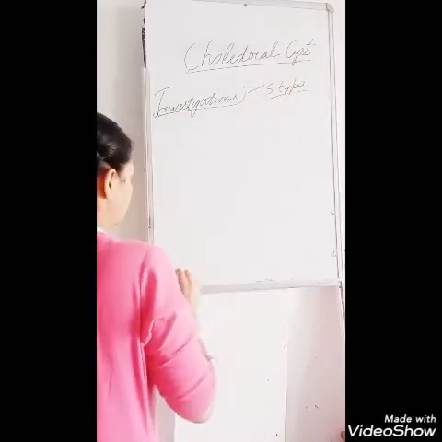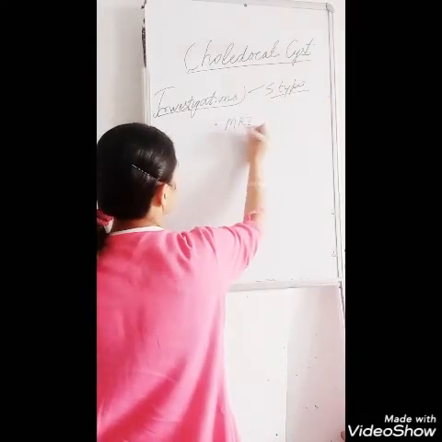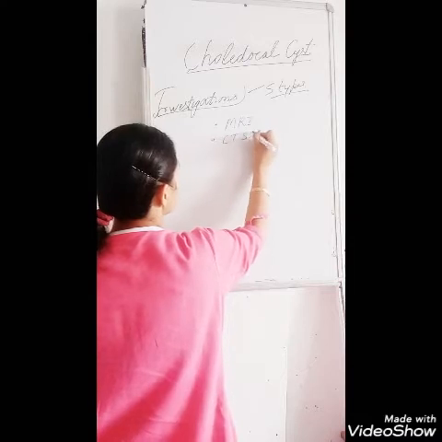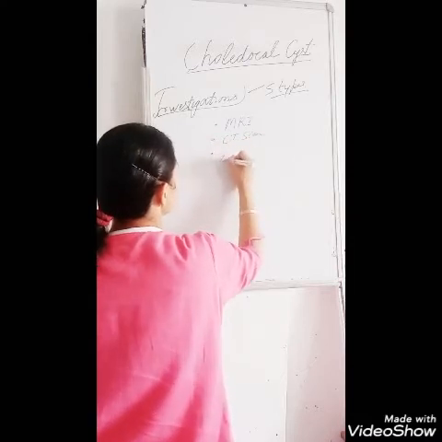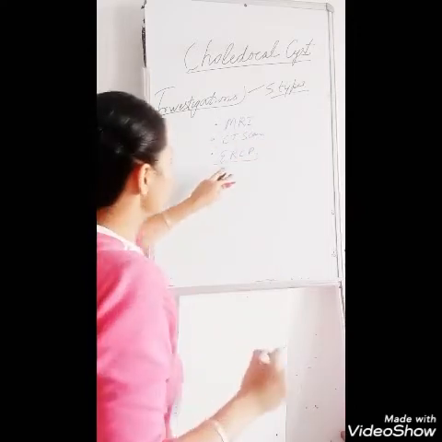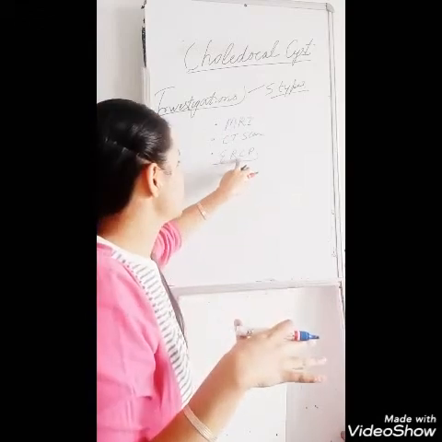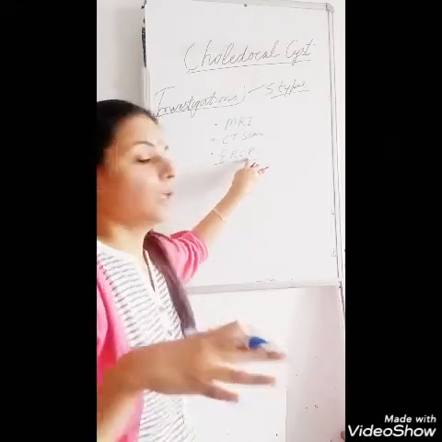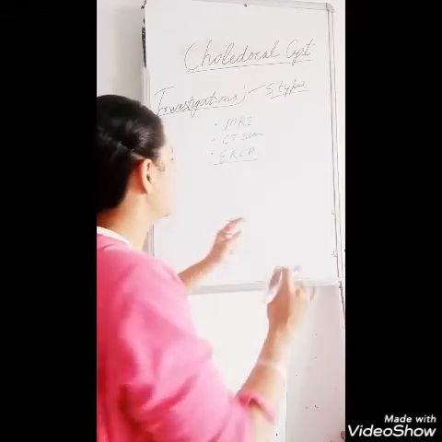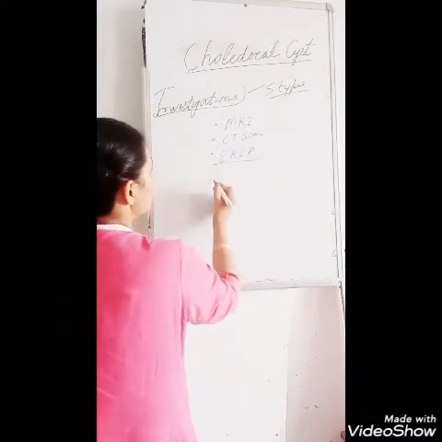We will go for the MRI, CT scan, ERCP. Now ERCP is where an endoscope is introduced through the stomach, and then it will enter into the pancreas, and this is the phenomenon, that's why this name is ERCP.